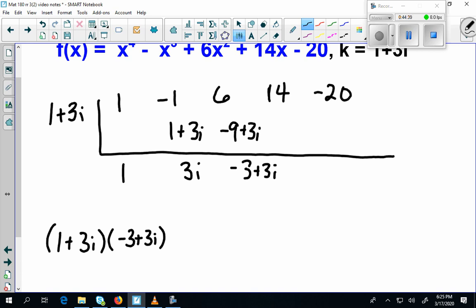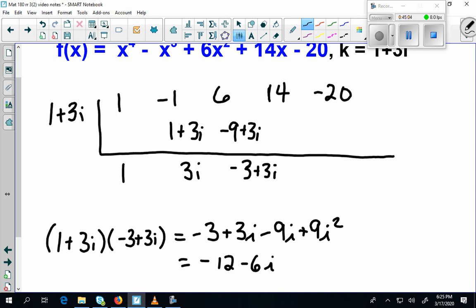All right, so when you do this bit of multiplication here, you will end up with negative 3 plus 3i minus 9i plus 9i squared. And when you simplify all that, you should get negative 12 minus 6i. So negative 12 minus 6i goes up there.